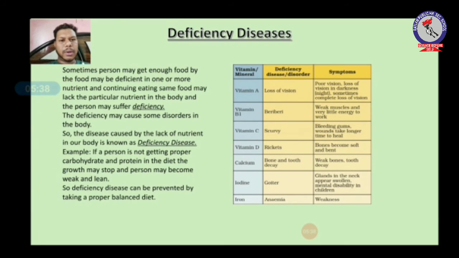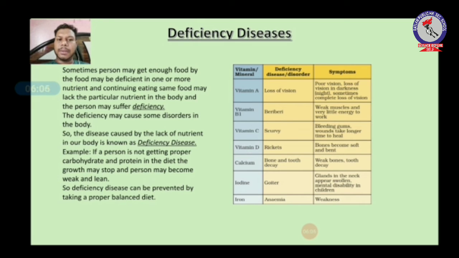Okay students, now we will talk about deficiency disease. As you know, what is disease? Many people may or may not get food. Some people get more food, but they may or may not have proper nutrient content. So if a person is suffering from any disease which is caused due to the lack of nutrient, that disease is called deficiency disease.